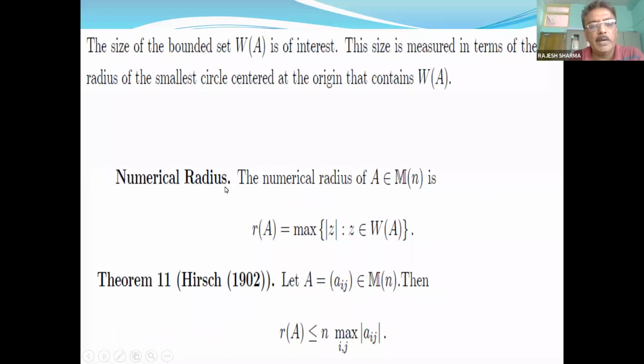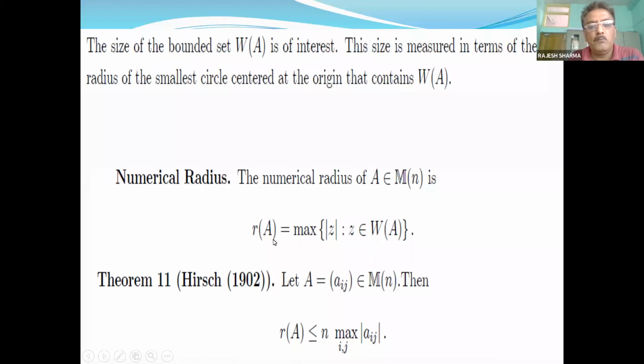Here we study numerical radius. The numerical radius is the radius of the smallest disk centered at the origin which contains the numerical range. That is why it is called numerical radius. Or we can define it as r equal to the maximum of mod z, where z belongs to the numerical range of A.